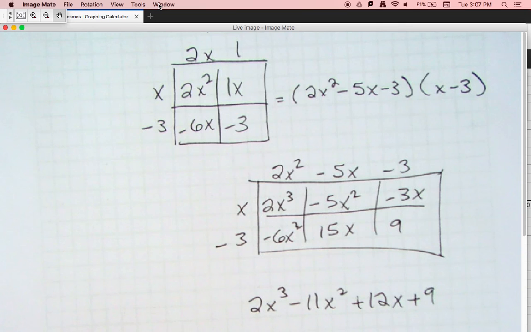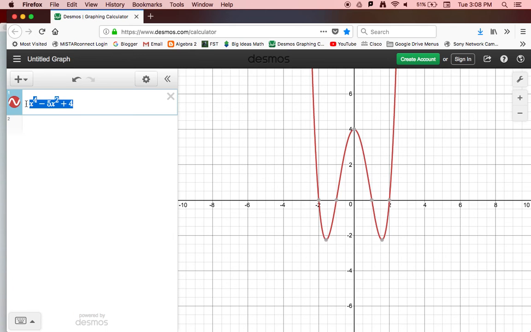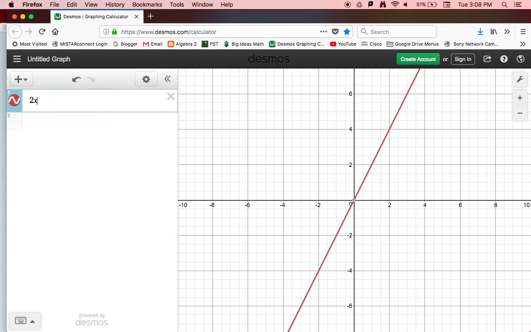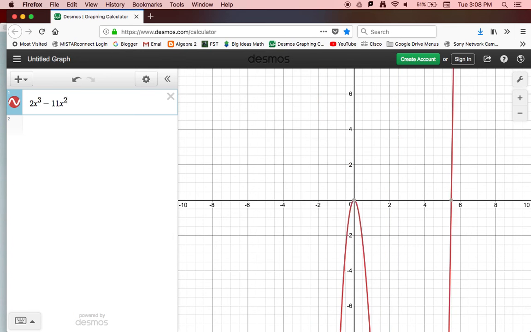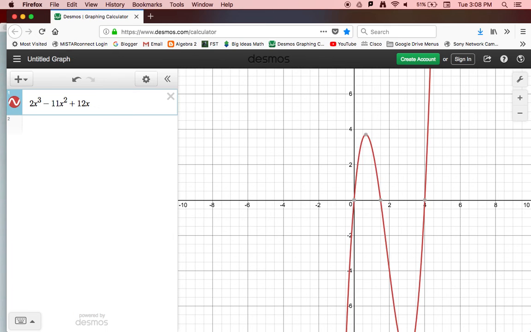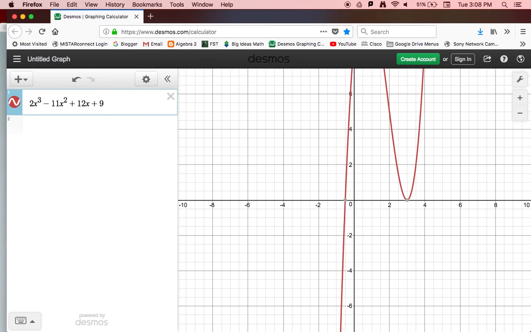And let's go ahead and graph that just to be safe. All right, 2x raised to the third minus 11x raised to the second plus 12x plus 9.